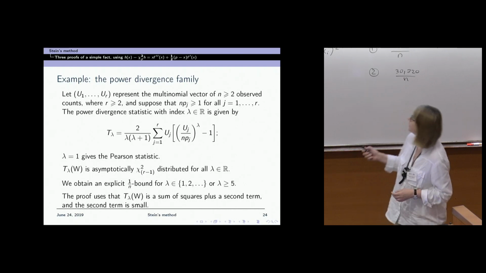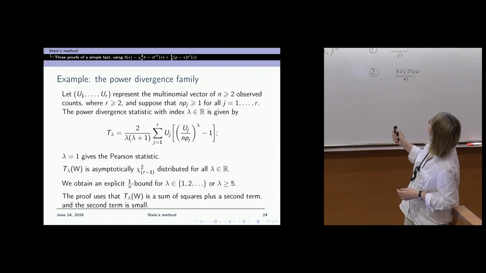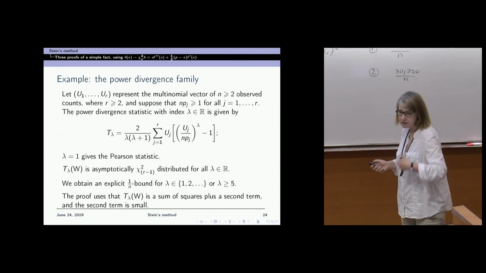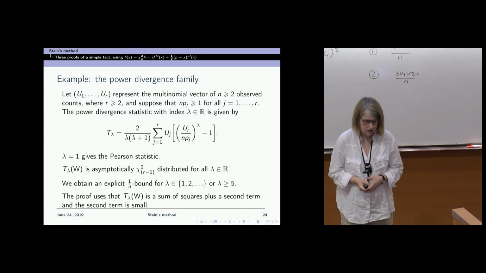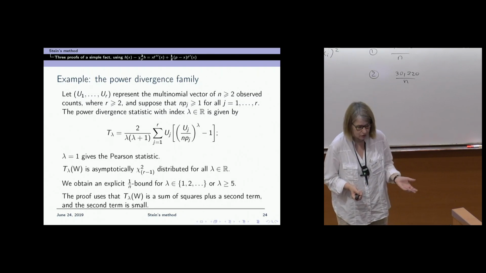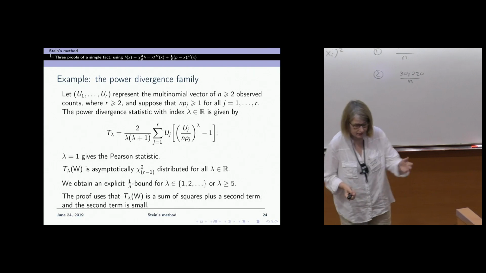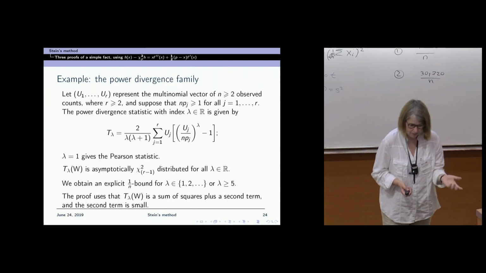Then the power divergence statistic in this lambda is this object here. So lambda equal 1 gives Pearson, but we can also use other lambdas. And then it's known that these power divergence families are asymptotically chi-square distributed with r minus 1 degrees of freedom for all lambda. And again, we get an explicit 1 on n bound.